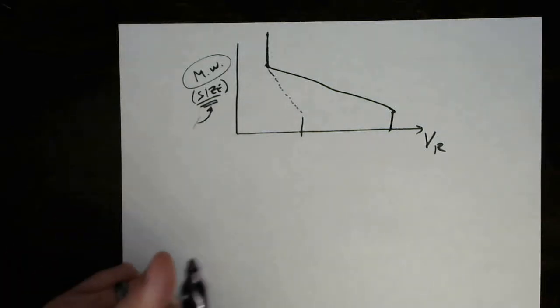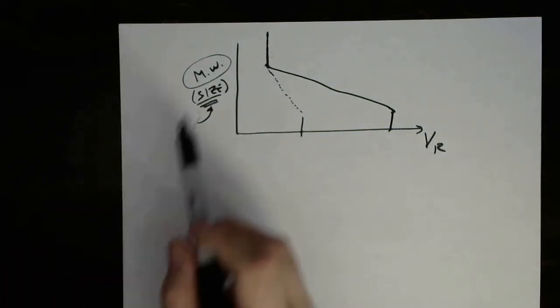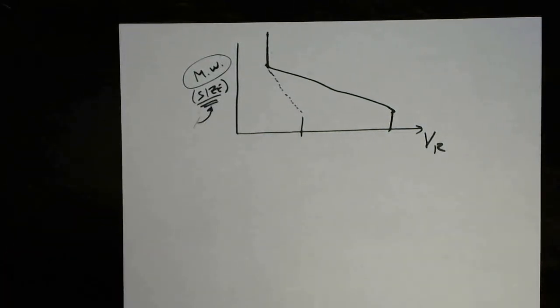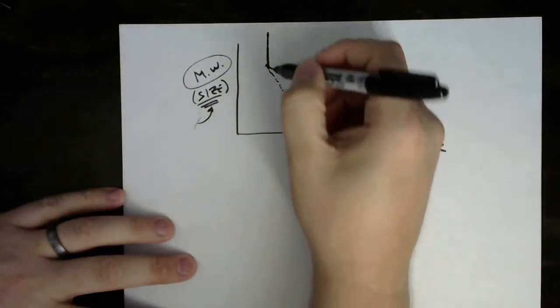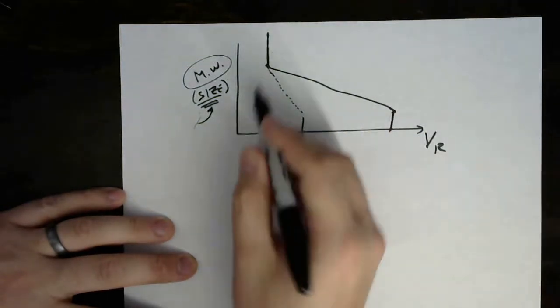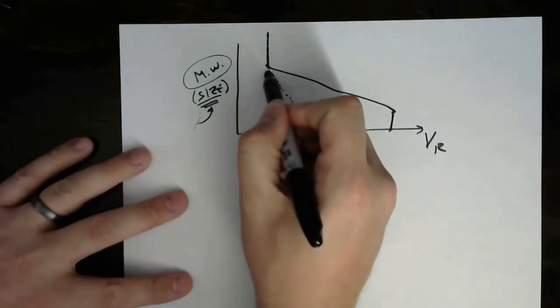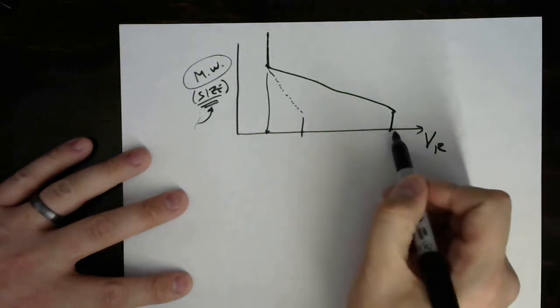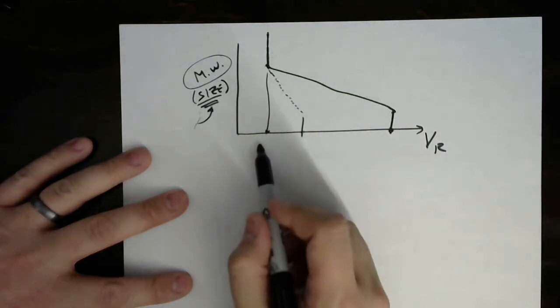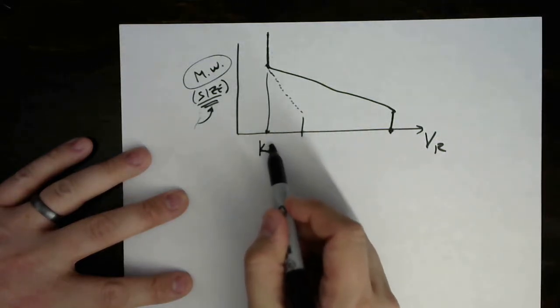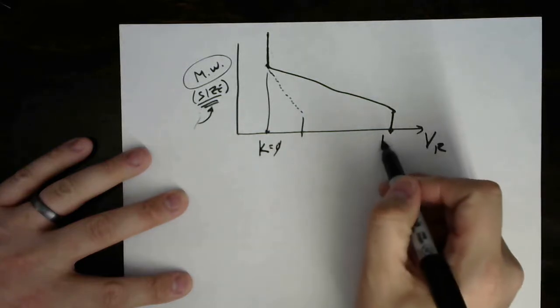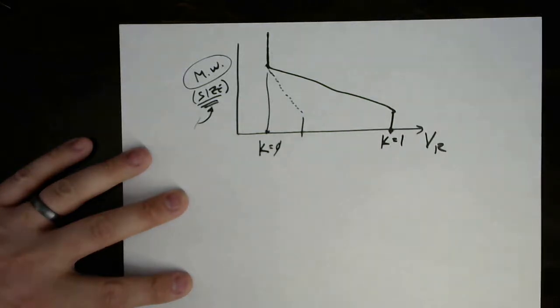And that means you'd be able to resolve two peaks that are more similar in molecular weight or size. You'd be able to resolve them a little bit better. But the take-home message here is for this original curve that we just drew, this is the range of retention volumes that correspond to k equals 0 and k equals 1.